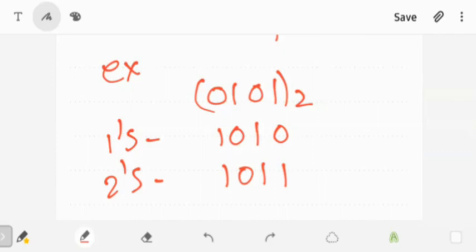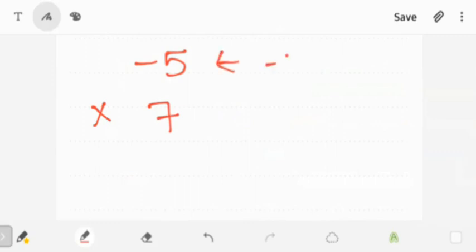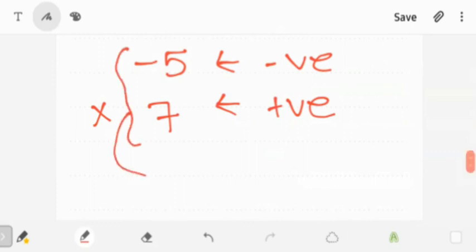Okay, signed binary multiplication. What I am interested in is finding the multiplication of minus 5 into 7. So I'm multiplying a negative number with a positive number, but I would like to represent both using signed binary representation.